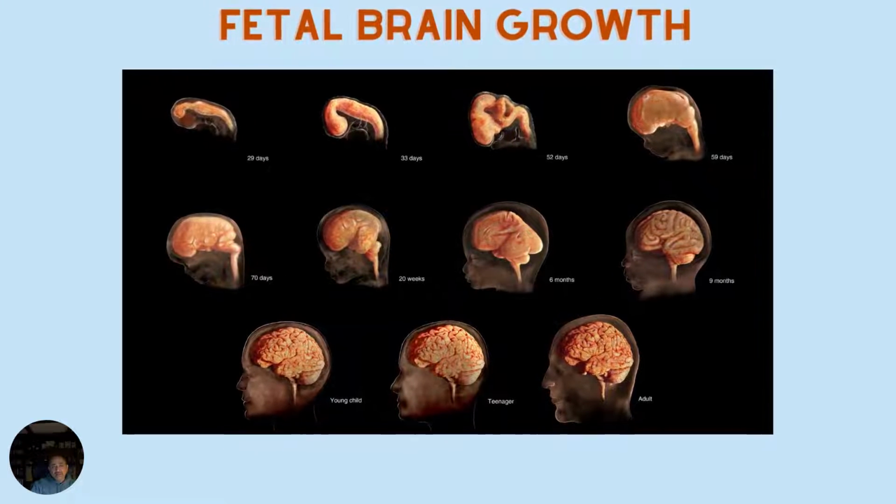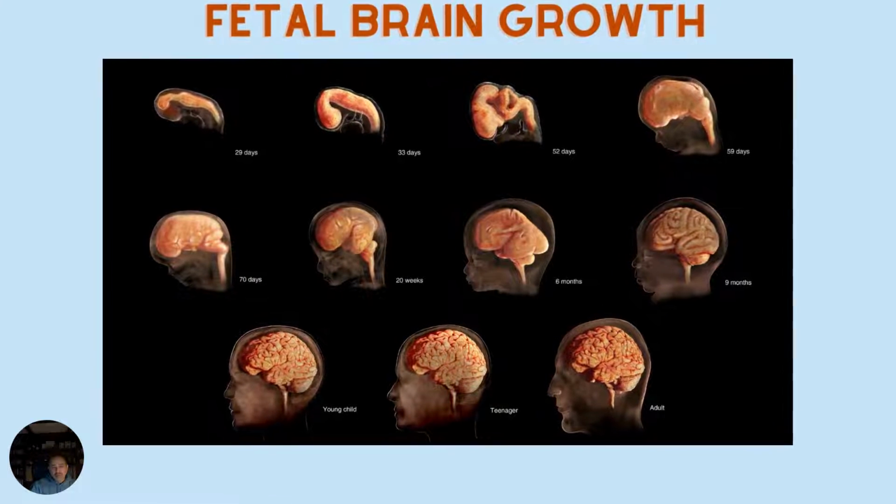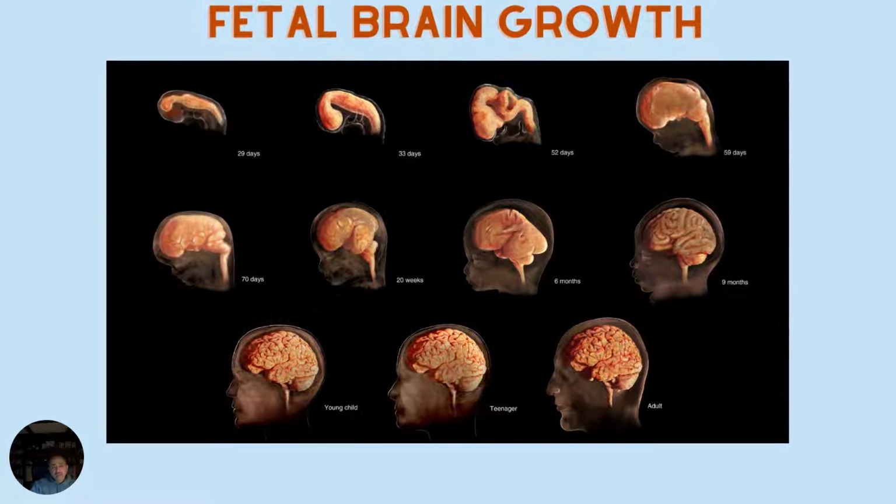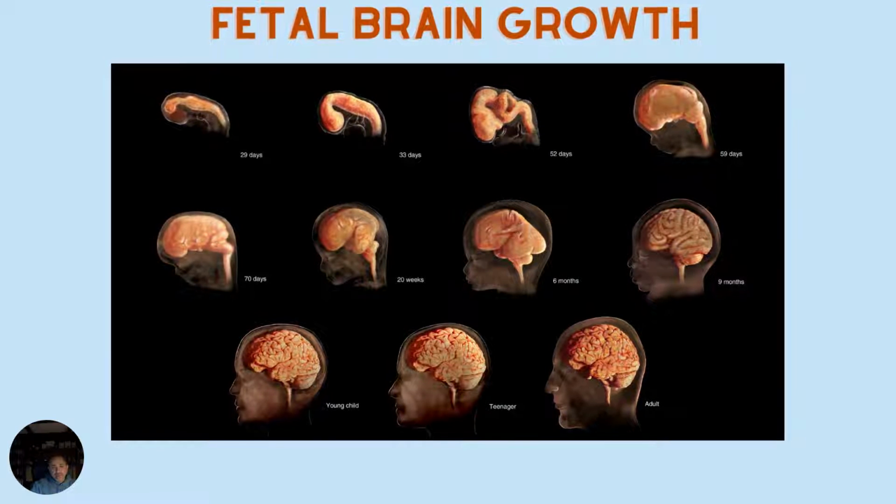Let's look at fetal brain growth first. If you look at the top row: 29 days, 33 days, 52 days, 59 days. That's the beginning of brain growth from 29 days. And then 70 days, 20 weeks, 6 months, 9 months. And then at the bottom row, you're looking at the young child, teenager, and adult brain.